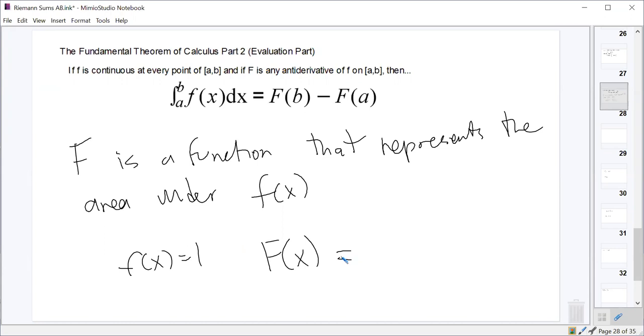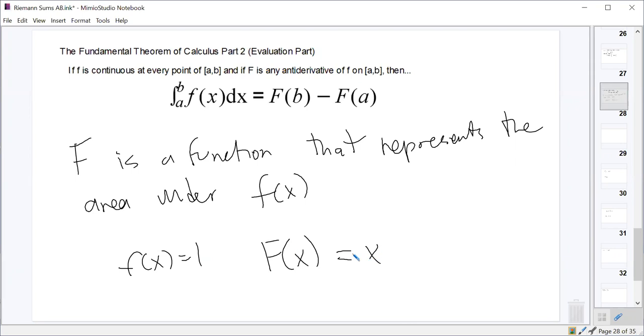Or what's one function that it could be? It would tell us that the derivative of capital F of x needs to equal 1. So what function has a derivative that's equal to 1? X, right? It could be x plus 7 also, right? Or it could be x plus 1,000, or it could be x minus 10. But f of x equals 1 gives us capital F of x equals x, right?